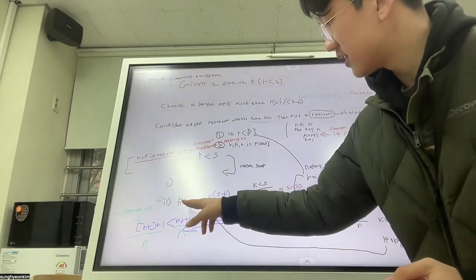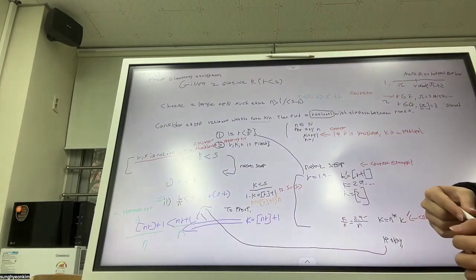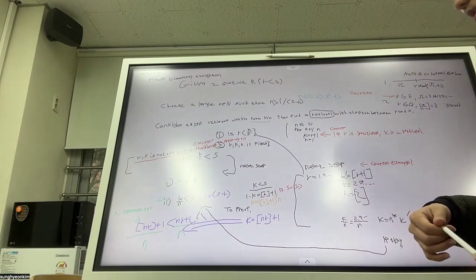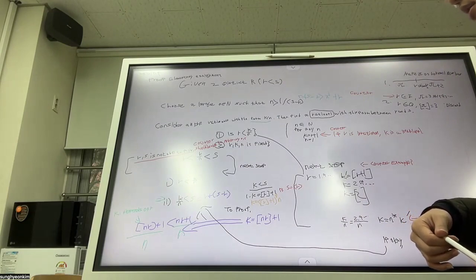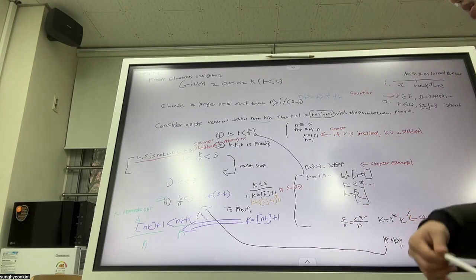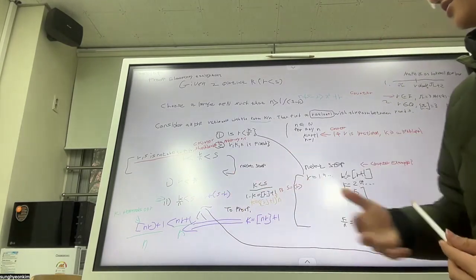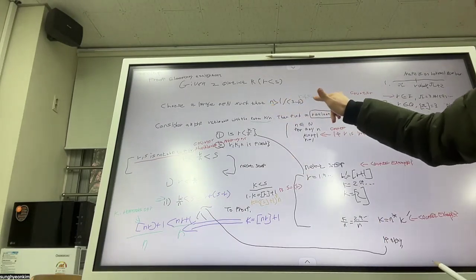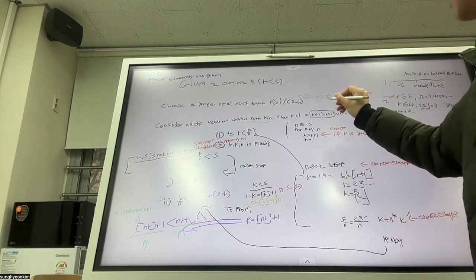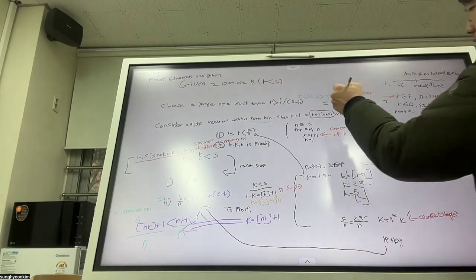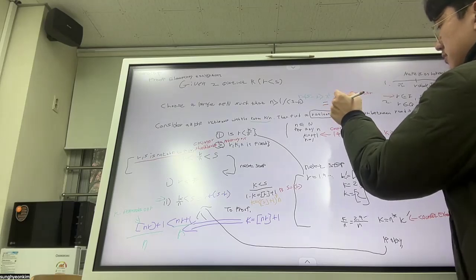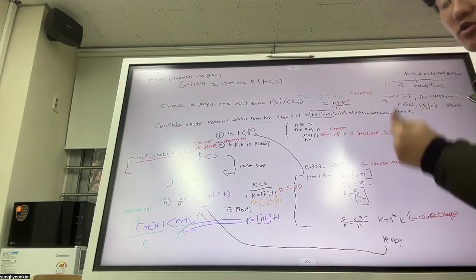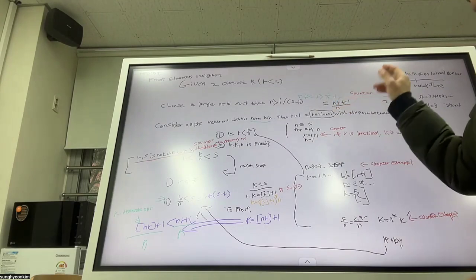When we need to prove K over N is smaller than S, it was kind of difficult, because S is the same as R plus S minus R. And by using the hint, we can make this kind of formula, which is NR plus 1, and this means we should make K over N smaller than this one.